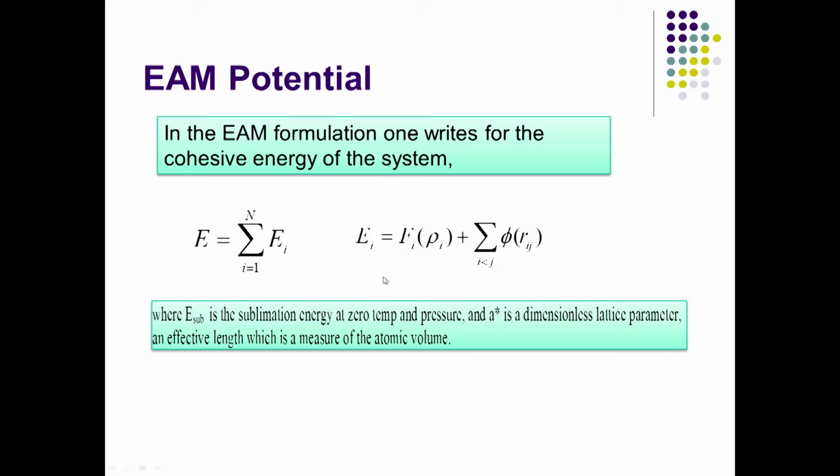One is the sublimation energy at 0 temperature and pressure, which is E_sub, and then you are also looking at another term which is coming out of the lattice parameter, which is embedded in this. So, that is where this F_i(rho_i) comes from, and then we also have a pair potential phi(R_ij), which is similar to the Lennard-Jones.